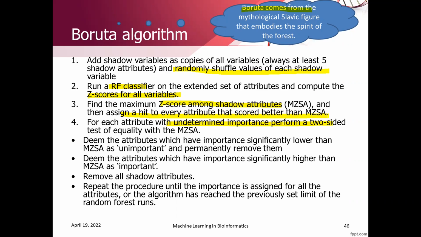So out of this we obtain the maximum z-score, and then we look at z-scores for the original attributes. And if the z-score of the original attribute is much higher than this maximal z-score obtained for the shadow variables, we say, okay, this attribute was really important, because its importance is much better than the importance of the best shadow attribute, which was permuted, which is random. So these are the hits.